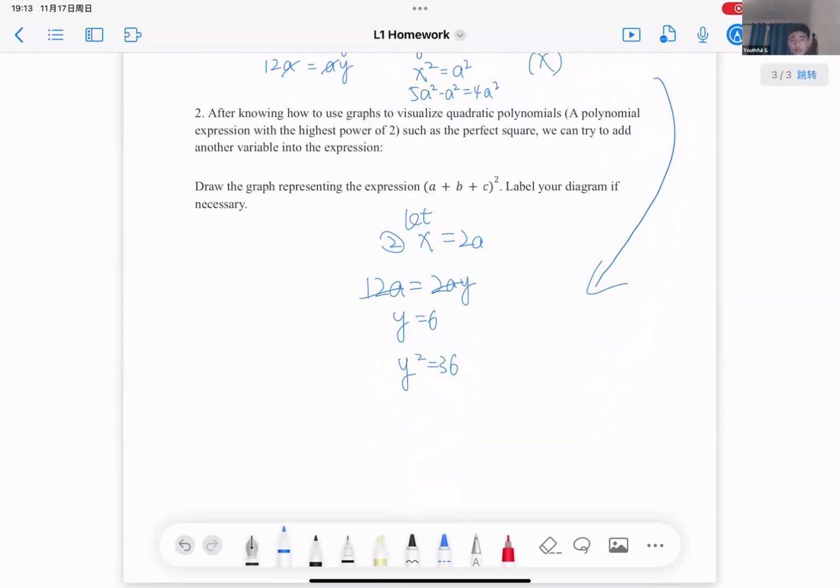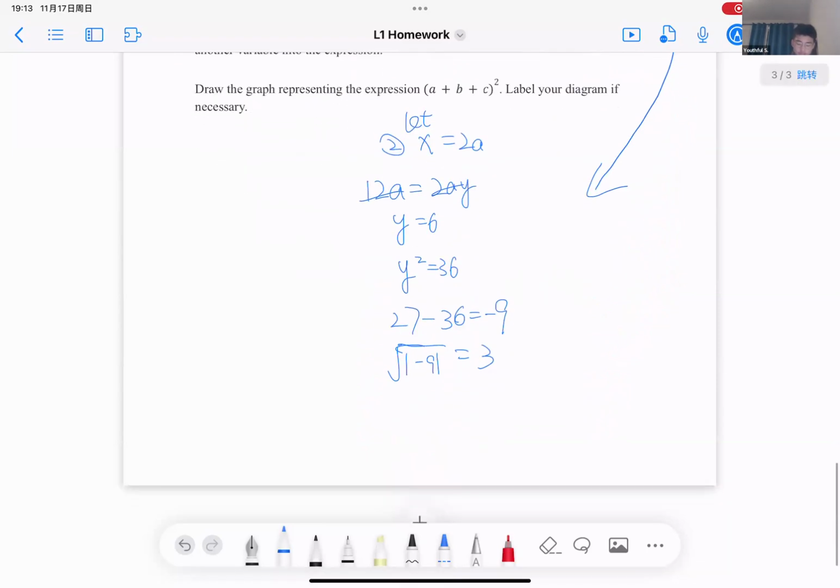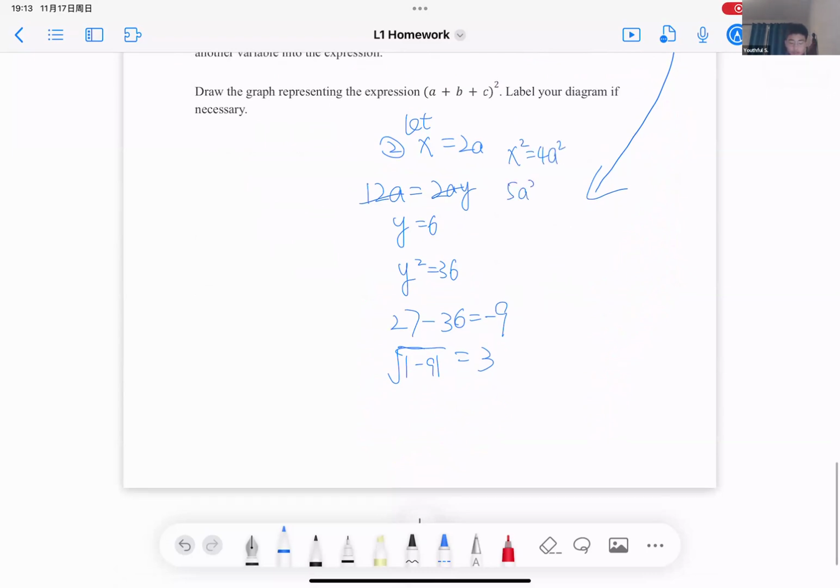So the constant left for us is 27 minus 36, which is negative 9. Well, the square root of the absolute value of 9 is 3, an integer. Perfect. So let's calculate x squared. x squared equals 4a squared. So the a squared left for us has just a coefficient of 1.